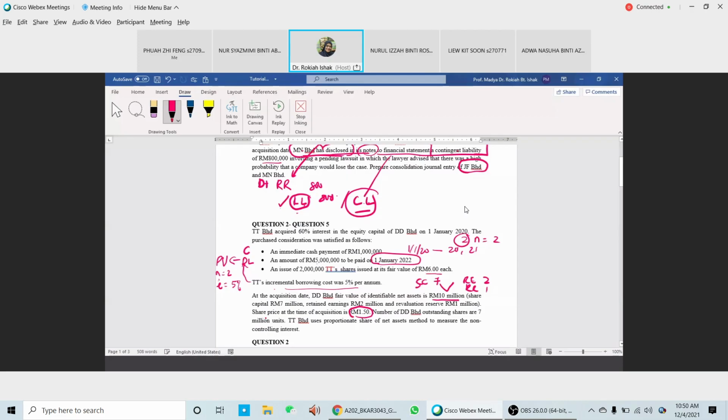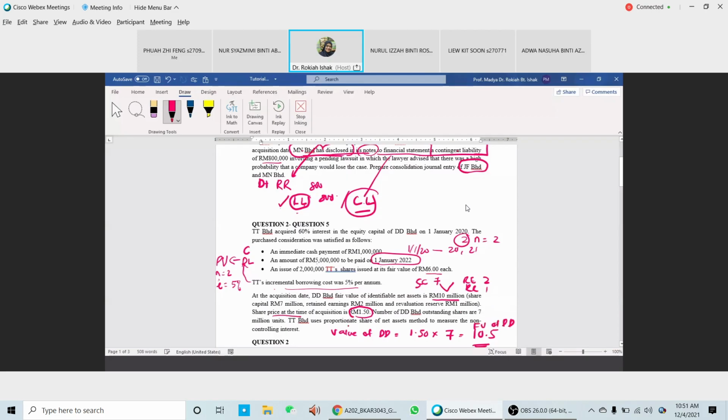The share price is given to find the value of DD, which equals the share price times the number of shares. So you're going to have 10.5 million, the fair value of DD, the value of the company.